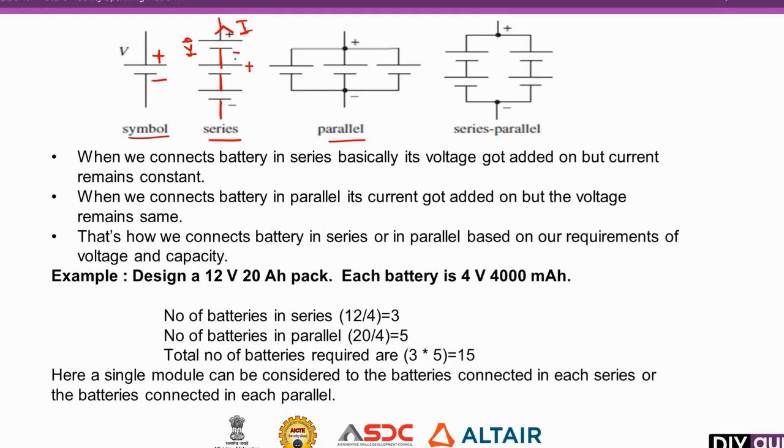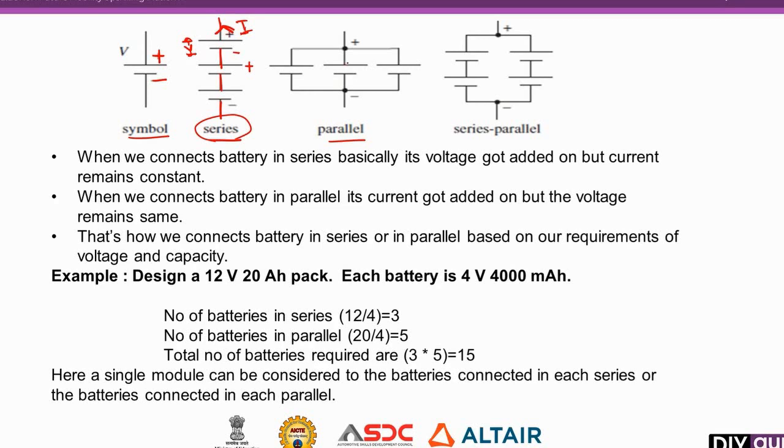So I repeat, when batteries are connected end to end such that there is only one current flow in the circuit, but the voltage drop across each battery may vary, we say it is a series connection.